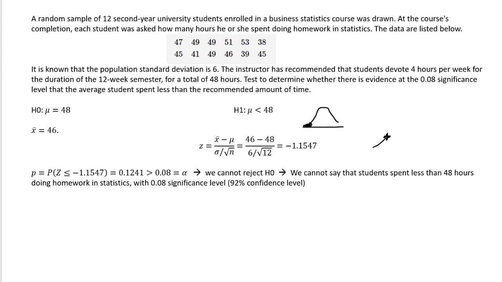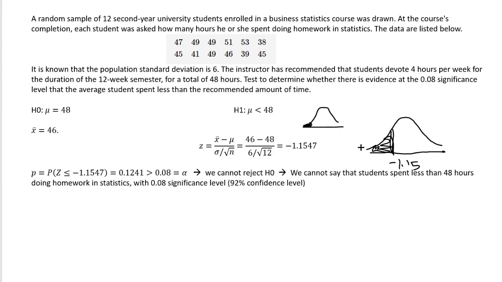You have the standard normal distribution, and you have negative 1.15, and the significance of this sample is the area on the left side, because it's a one-tailed test on the left side. So since our rejection region is on the left side, the p-value is computed as the shaded area on the left side.